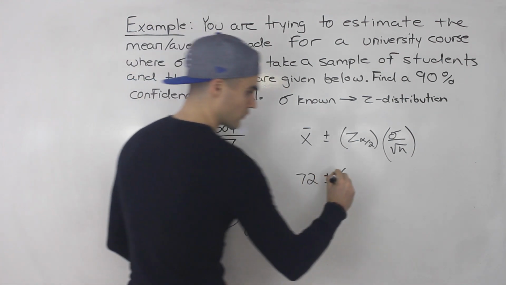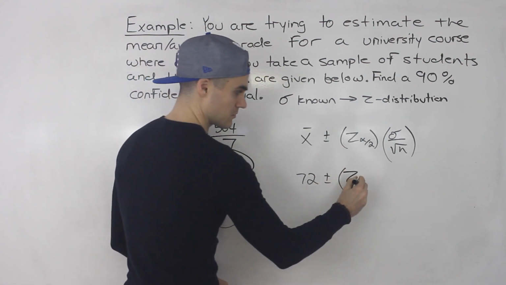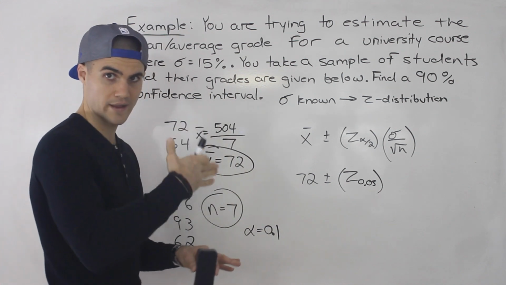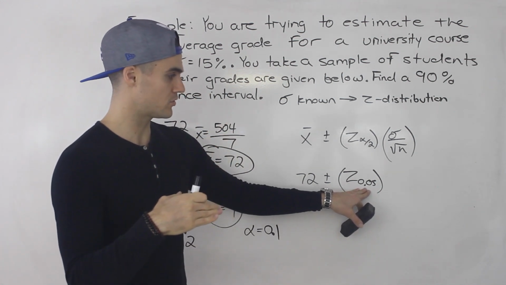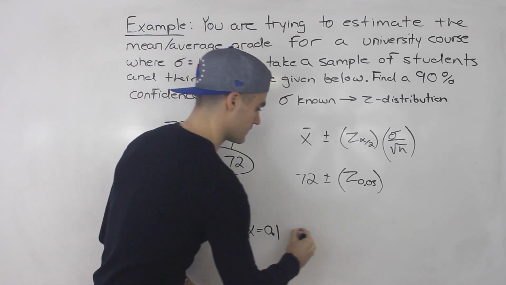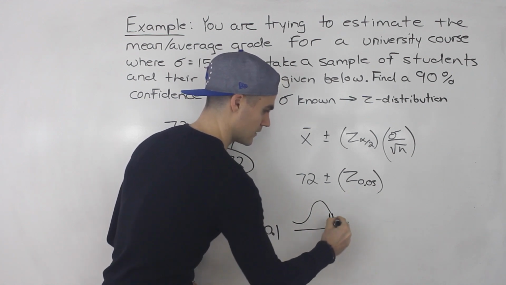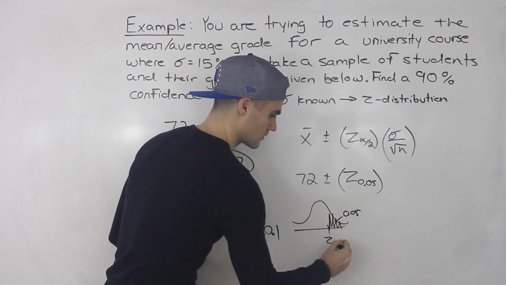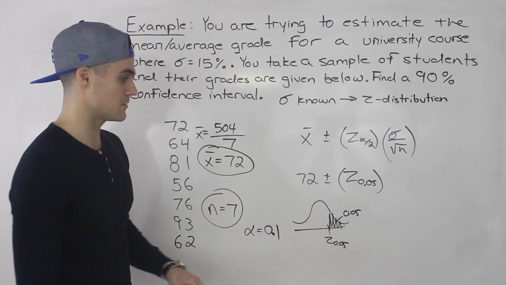We're going to be looking for the Z score where to the right of that Z score, the area under the graph is 0.05. The probability is 0.05 to the right of it, right? If you remember, this area over here is going to be 0.05 if we're looking for the Z score with a subscript 0.05. And so to the left of it, it's going to be 0.95.